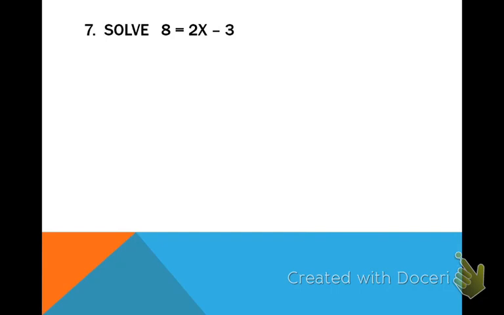So when we start getting into two-step equations like this, you find your variable, find which side it's on, and then start working through that. Right now we have an x here, and we have 2x minus 3. We want to undo the subtraction first. We have to undo the subtraction first.